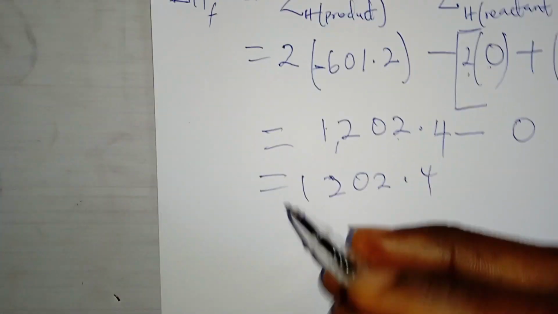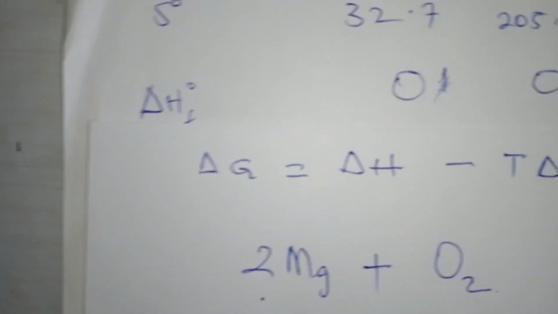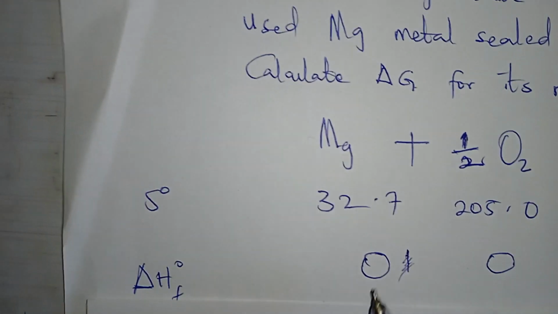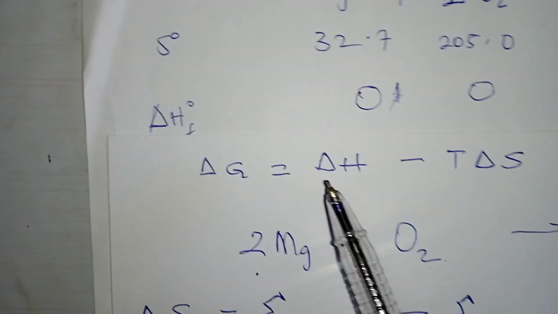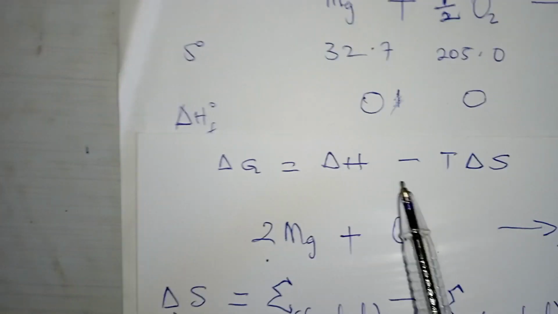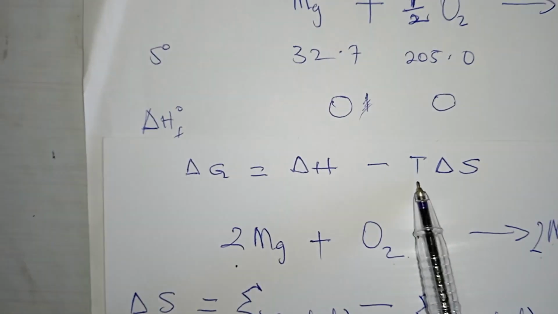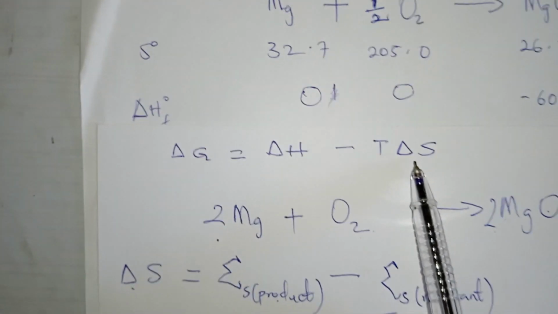Now the Gibbs free energy, using this formula: delta G equals enthalpy minus temperature times change in entropy.